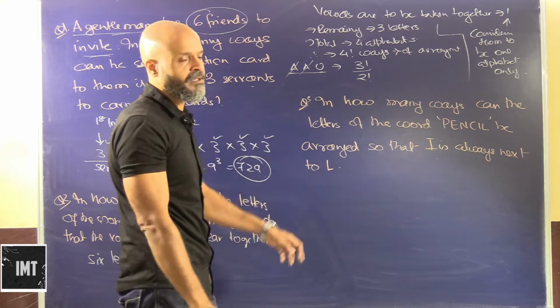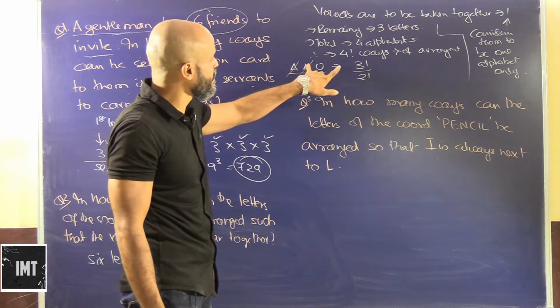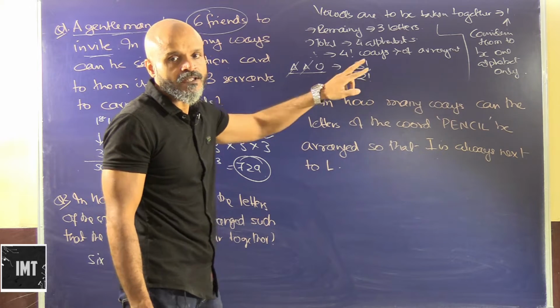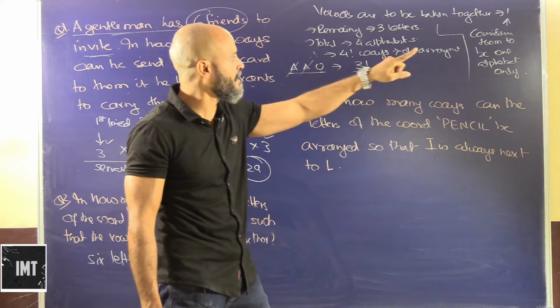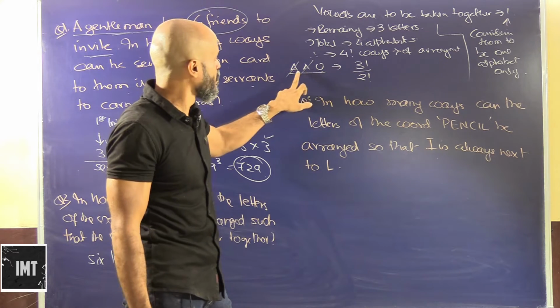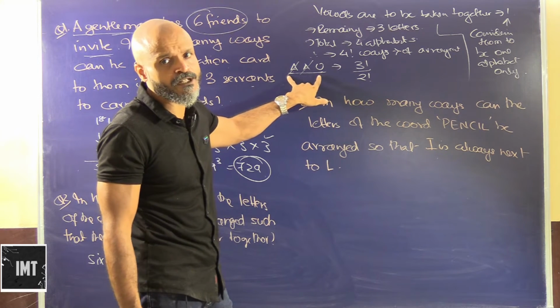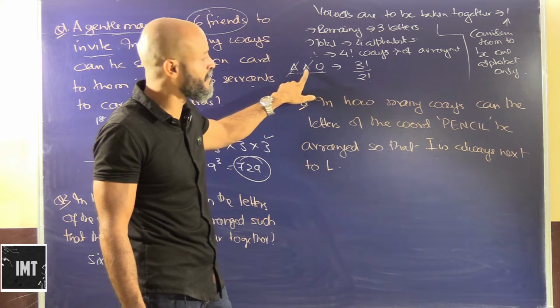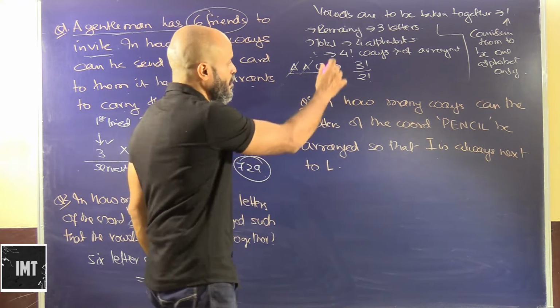Since 2 A's are similar, the number of ways in which 3 vowels can be arranged amongst themselves is factorial 3 upon factorial 2. The reason why we consider them separately amongst themselves is because we had considered them to be one.